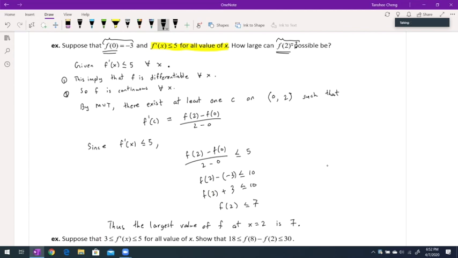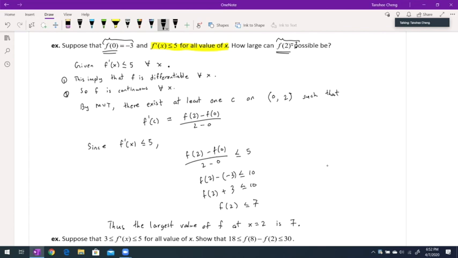Now, the question is asking you how big this f of 2 value can be. That's what we want to look for. So now what we do is use the conditions given to us. From the given, we know that the value of f prime at any x value cannot be greater than 5.